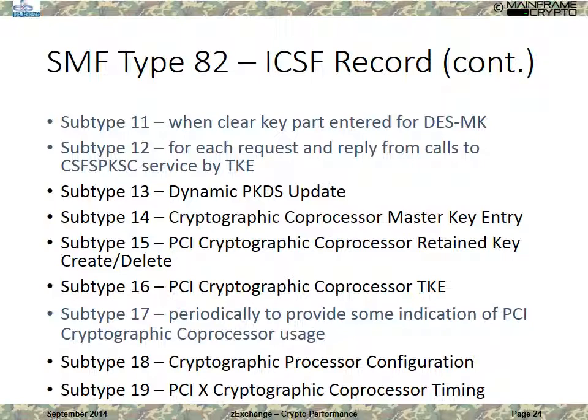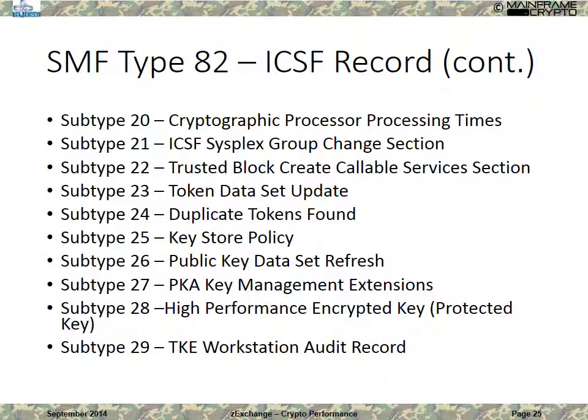But notice down at the bottom, subtype 19, PCIX cryptographic coprocessor timing, and on slide 25, the subtype 20 at the top, those two records do provide some performance data, but they are really just sampling some of the queues of what's going on in the hardware.